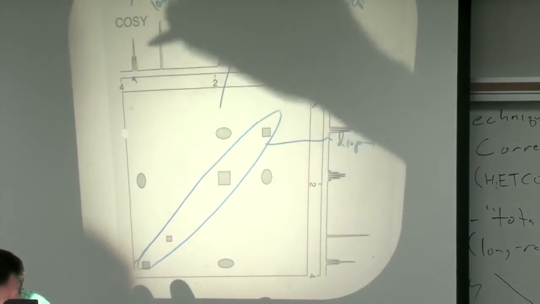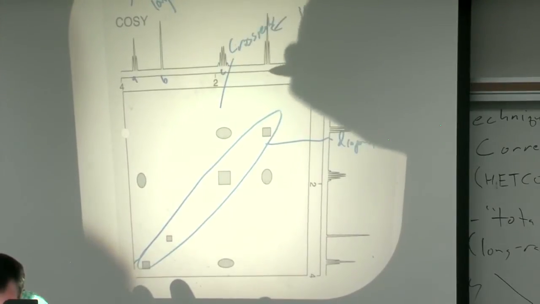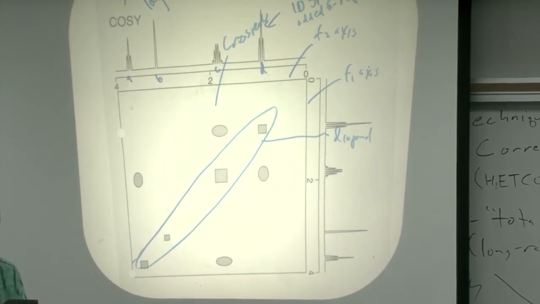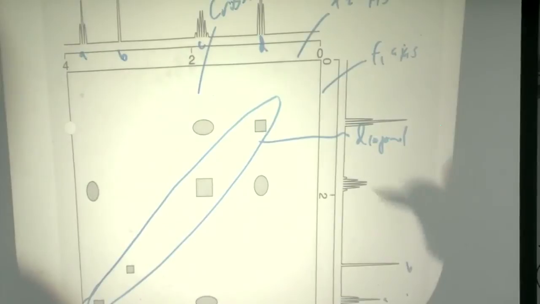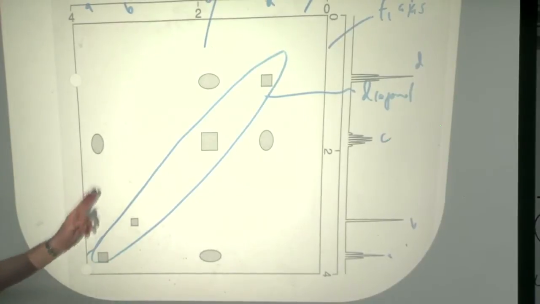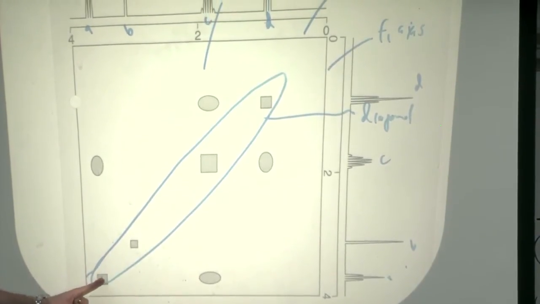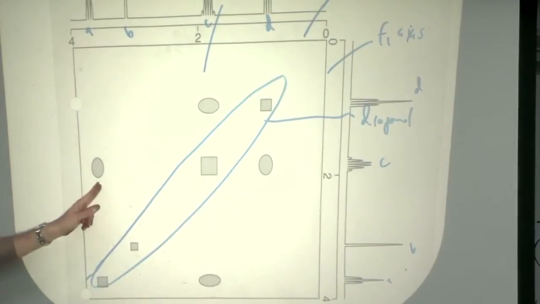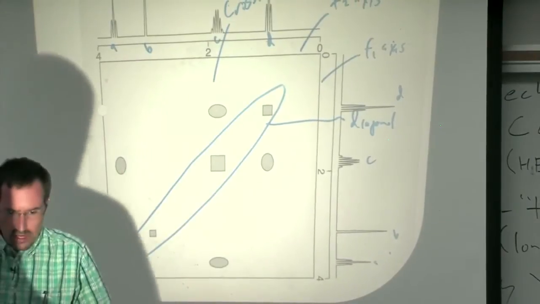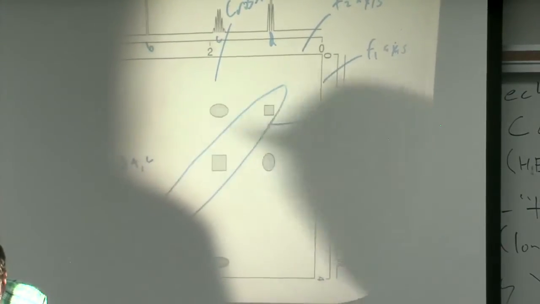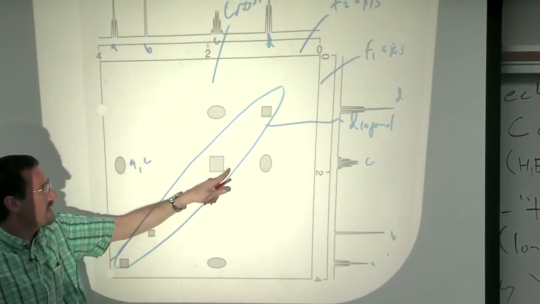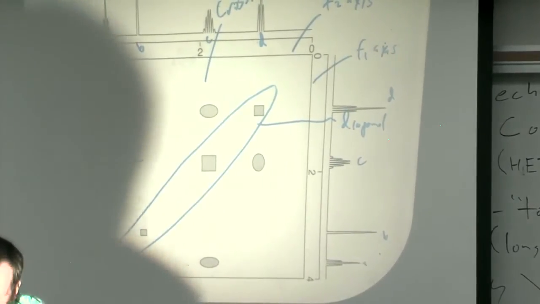So I will call this peak A, this peak B, this peak C, and this peak D. And we'll do the same over here, A, B, C, D. And what the COSY is telling us is that A, you notice it lines up with A, is crossing with C. And so you see this peak, and so we have this cross peak for A cross C, and you get the same thing over here. And then you have another cross peak here, and that's C crossing with D.